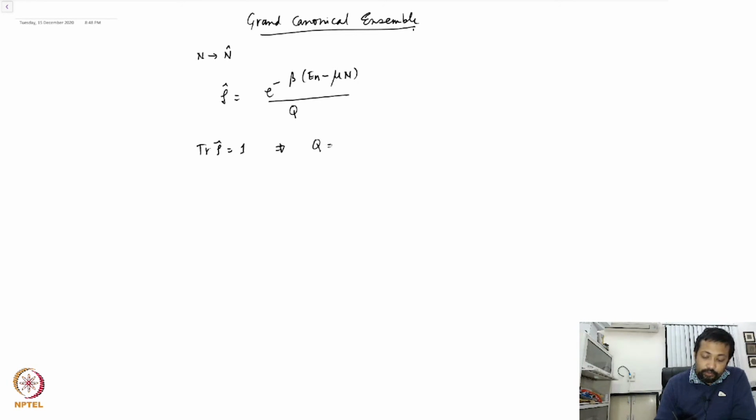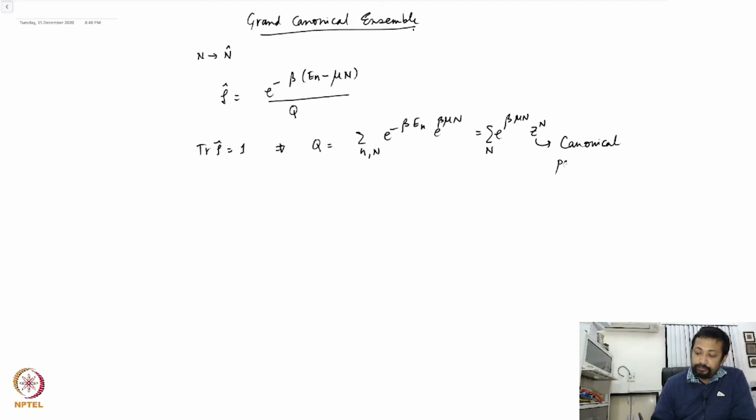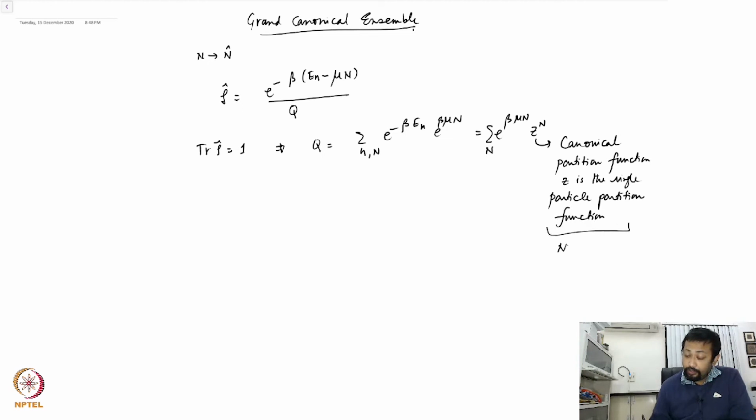this implies that Q is the sum over n comma n of e to the power minus beta E_n times e to the power beta mu n, which is again e to the power beta mu n, z to the power n, summed over n, where this is the canonical partition function and z is the single particle partition function for a non-interacting system.